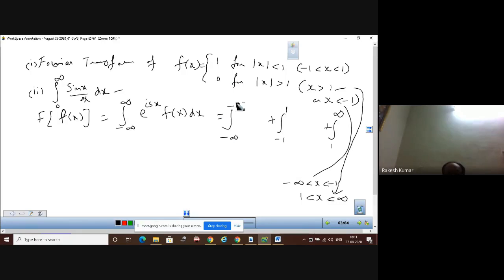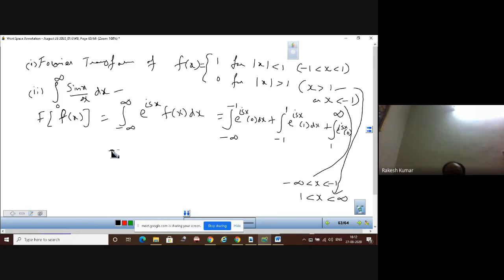So for minus infinity to -1, the value is 0. So you can substitute the value here: e raised to power iota s x times 0 dx; for -1 to 1, the value is 1, e raised to power iota s x times 1 dx; and this value is again 0.